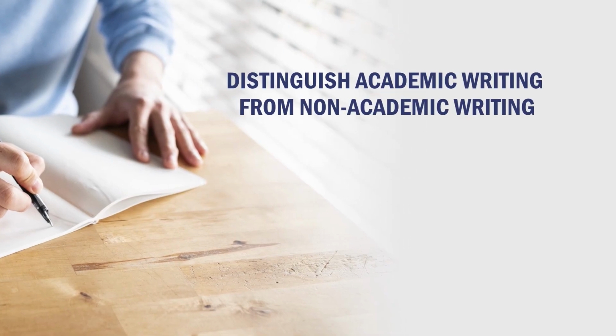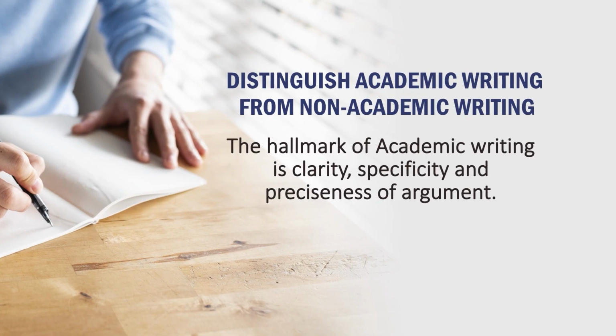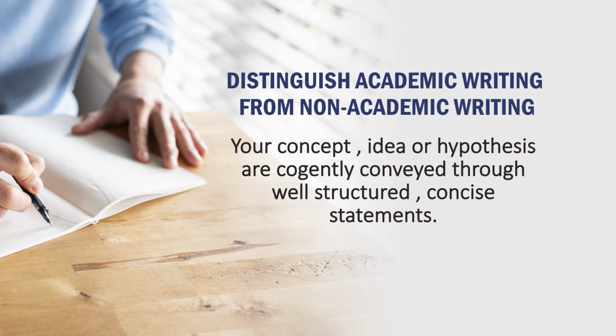The hallmark of academic writing is clarity, specificity and preciseness of argument. Your concept, ideas, or hypotheses are cogently conveyed through well-structured, concise statements. Your arguments are supported by evidence and accurate references to the works of authors that you have consulted.